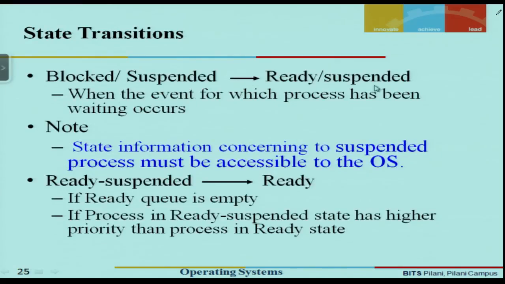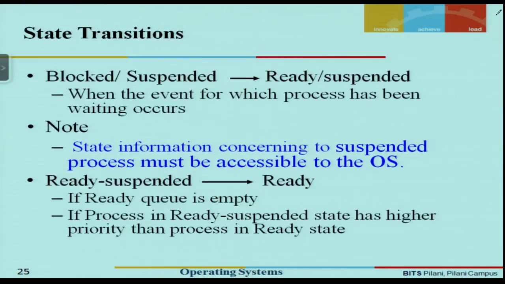Blocked suspended to ready suspended. Whenever the event occurs, the process moves from blocked suspended to ready suspended. Please note one point here, that the process which is in a blocked suspended state is not in memory, whereas the IO device is trying to provide the service.